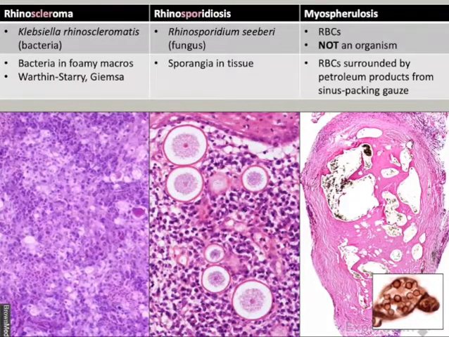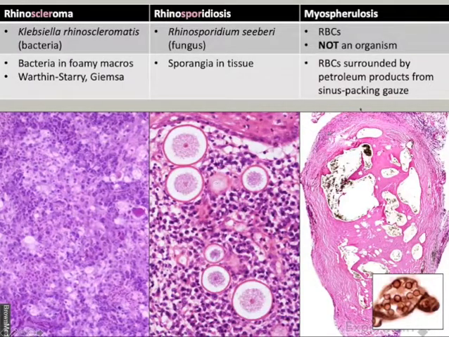Here are our bugs or our bug mimics: rhinoscleroma, rhinosporidiosis, and myospherulosis. Rhinoscleroma is a Klebsiella bacterial infection that's present in foamy macrophages. Rhinosporidium is a fungus that tends to present with sporangia, these little spherules in the subepithelial stromal tissue.